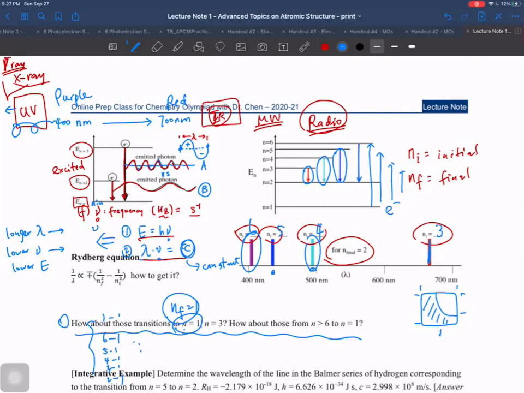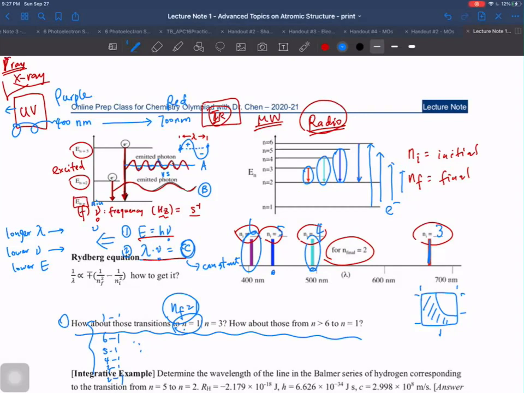Aren't those lines in a different series? Which series? It might be in the UV or in the IR. I think Paschen or something. That's n equals 3, and then Lyman is n equals 1. Why Lyman? Lyman is in the UV range. So why is Lyman n equals 1?